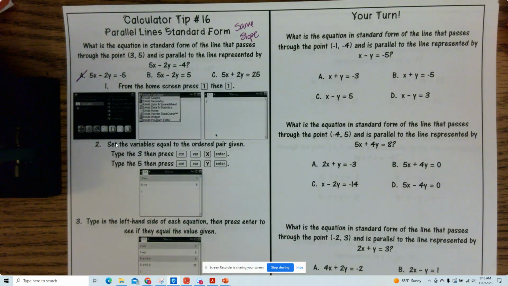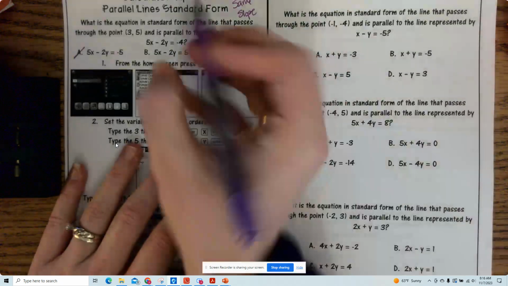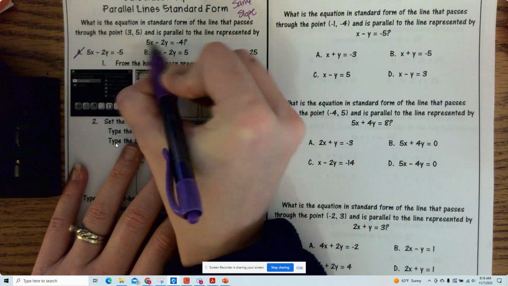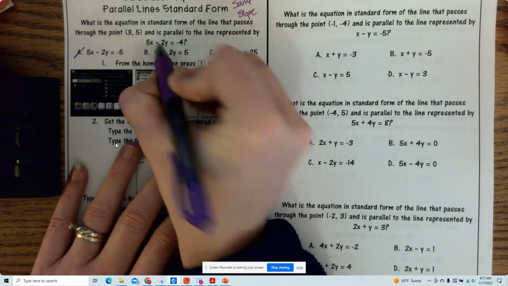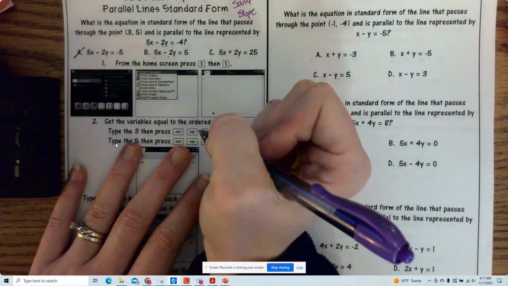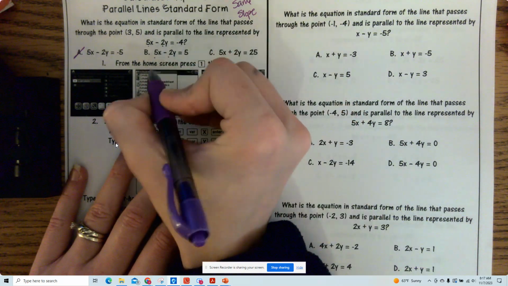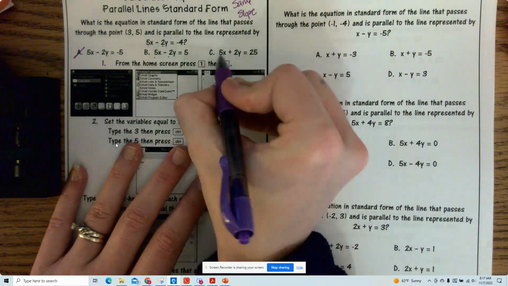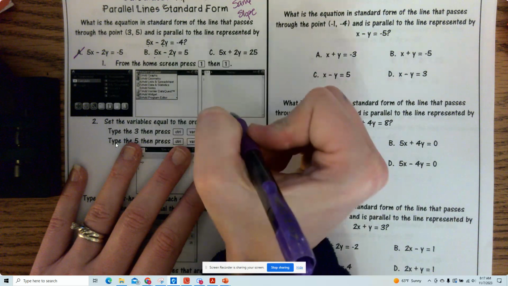Two options. I'm going to show you the complete and absolute cheat on standard form. If the a and the b values, the numbers in front of the x and the y, are the same, they have the same slope. So 5 and -2, 5 and -2. Those have the same slope. This one is 5 and +2.